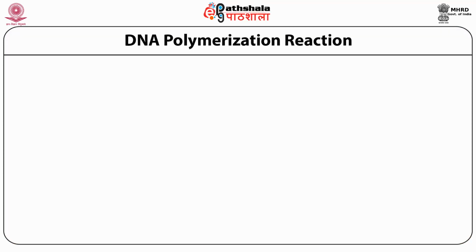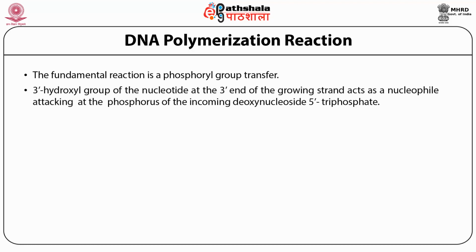DNA polymerase reaction. Its fundamental reaction is a phosphoryl group transfer. Here, the 3' hydroxyl group of the nucleotide at the 3' end of the growing strand acts as a nucleophile, attacking the phosphorus of the incoming deoxynucleoside 5' triphosphate. For that, you can look at the next slide. Inorganic pyrophosphate is released in this reaction.